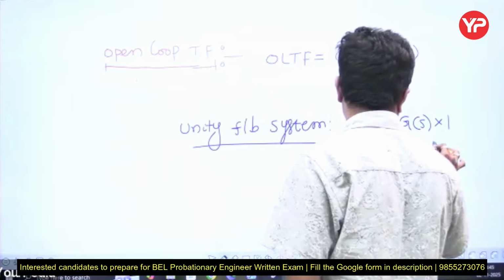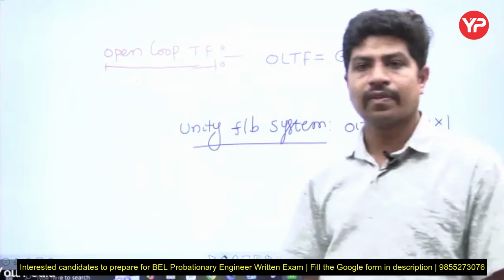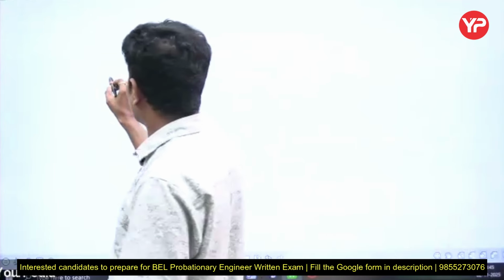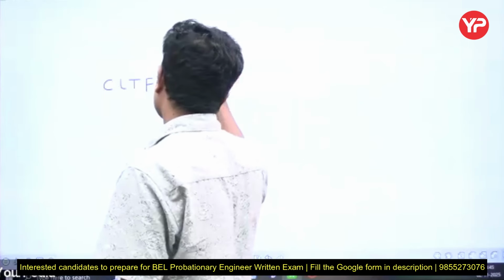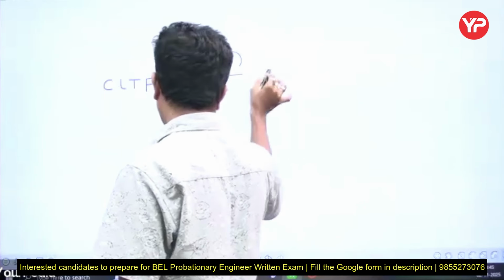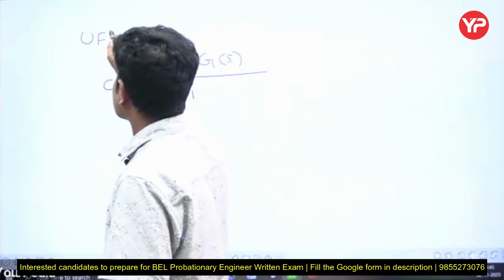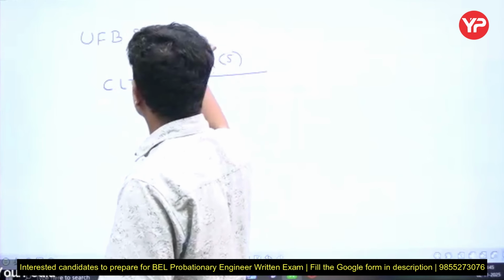Now, what is the closed loop transfer function formula? Closed loop transfer function is equal to G of S by 1 plus, and this is exclusively for the unity feedback system. UFB stands for unity feedback system.